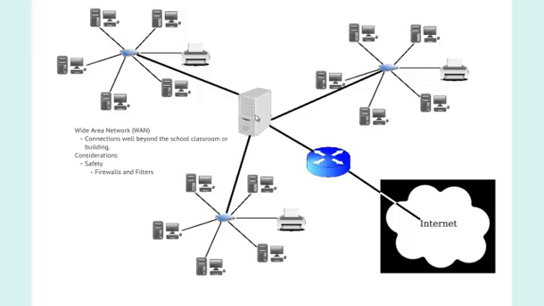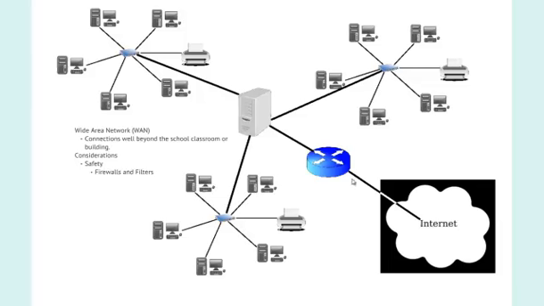Now in this case, I've connected our server to a router which is going to go through probably an ISP, or Internet Service Provider, to provide access to the internet. Now, the internet represents all of the other networks, perhaps other school communities and individuals all connected together.